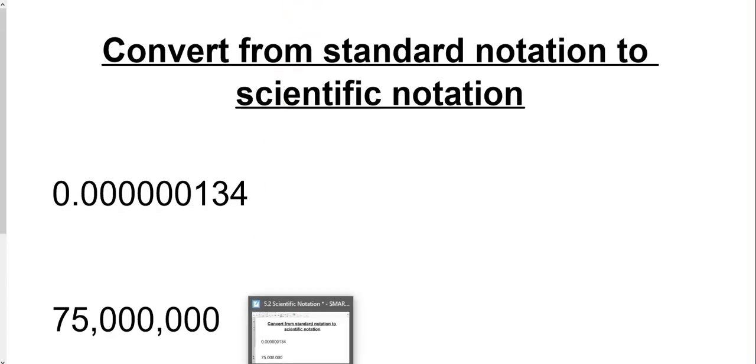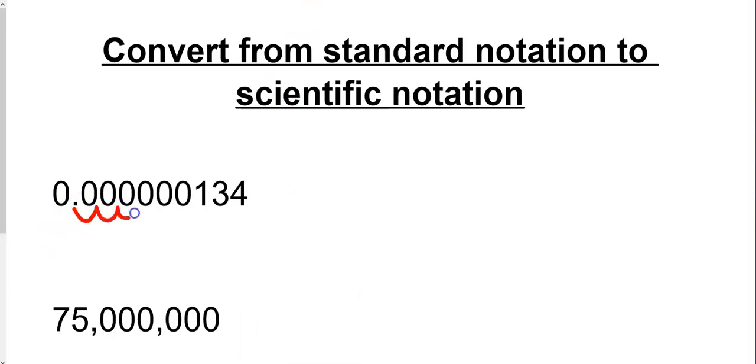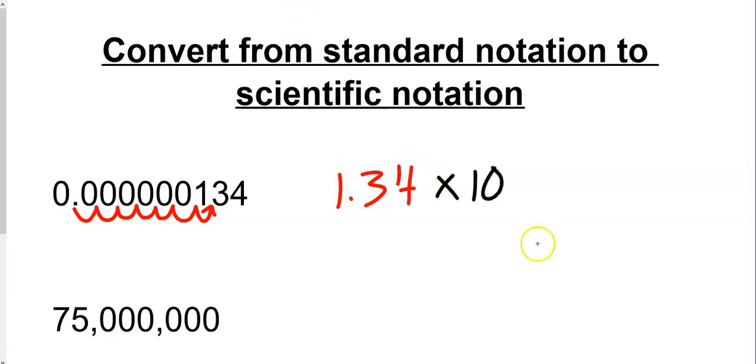Okay, so we're going to move our decimal 1, 2, 3, 4, 5, 6, 7. So the number that you should have had in front was 1.34, and it is times 10 to the negative 7 because it was a small number. Negative exponents are for small numbers.